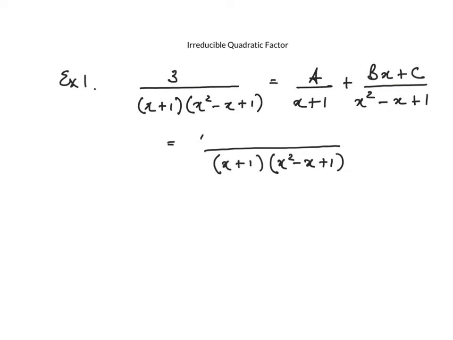So a lots of x squared minus x plus 1. The next question is, what do we multiply x squared minus x plus 1 by? We multiply by x plus 1, so we must multiply bx plus c by x plus 1.